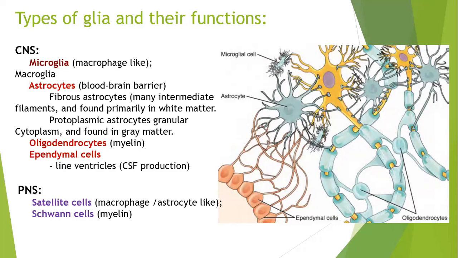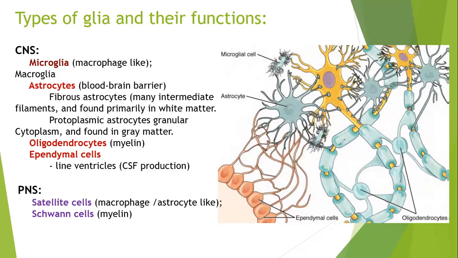That leaves me with 2 other supporting cells, the astrocyte and the ependymal cells. I will focus on the astrocytes first. Now the astrocytes will also throw cytoplasmic extensions in a similar manner to the oligodendrocytes.